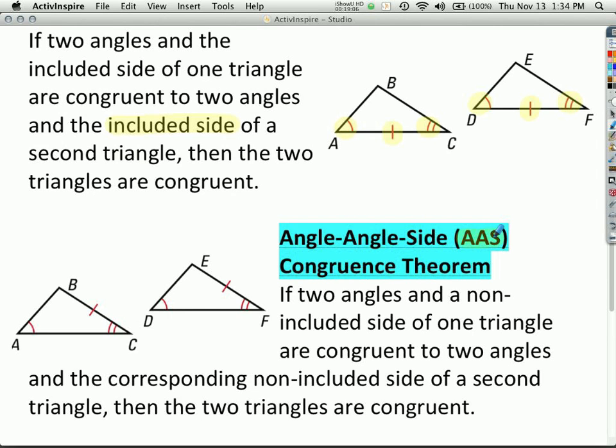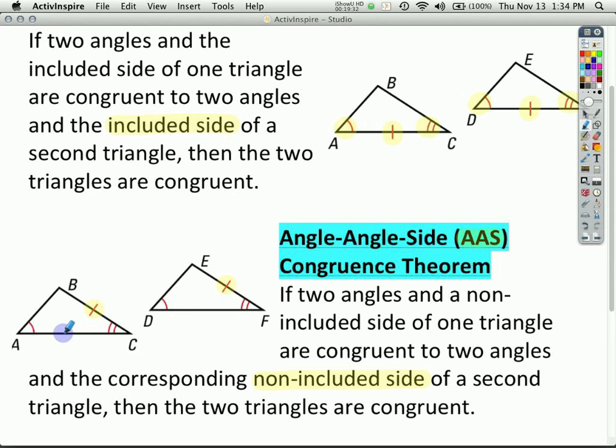Okay? So what does angle, angle, side say? It says that if you have two angles in one triangle congruent to two angles in another, and a non-included side is also congruent, then the two triangles are congruent. So here, this is the non-included side. Look at the picture up here.